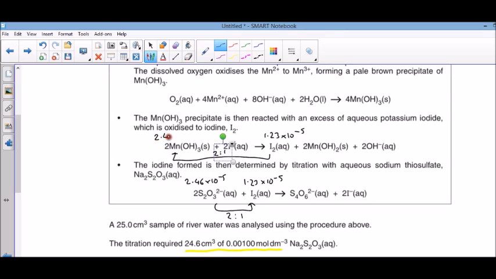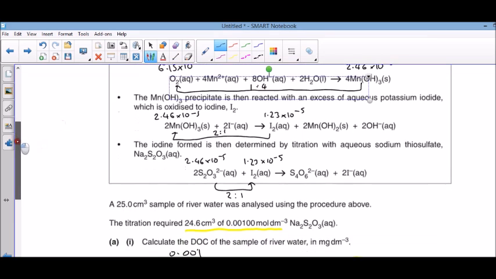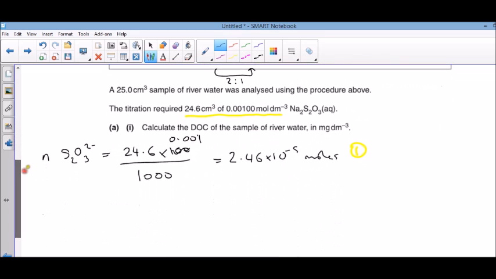That puts us back to 2.46 times 10 to the minus 5. That number goes up here, and then remember, even though we've got 2 here and 4 here, there's no ratioing in between equations. This one is a 4 to 1 ratio, so I'm going to divide that by 4, and that gives me 6.15 times 10 to the minus 6. Okay, so that's the hardest part, I think, of this question.